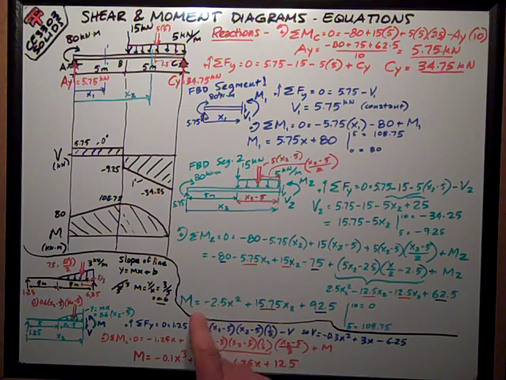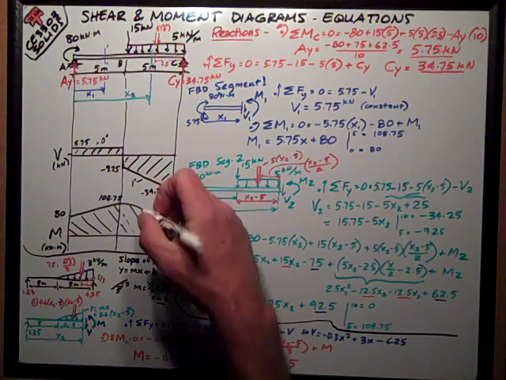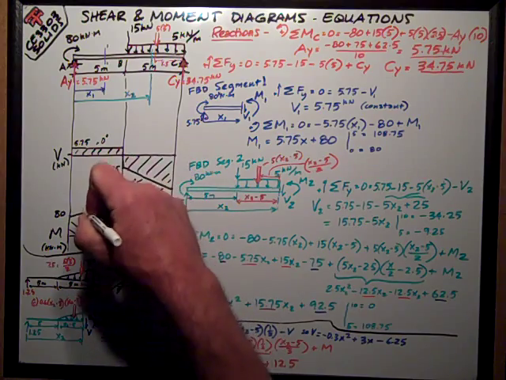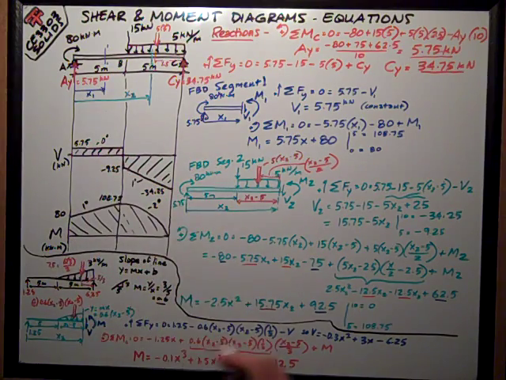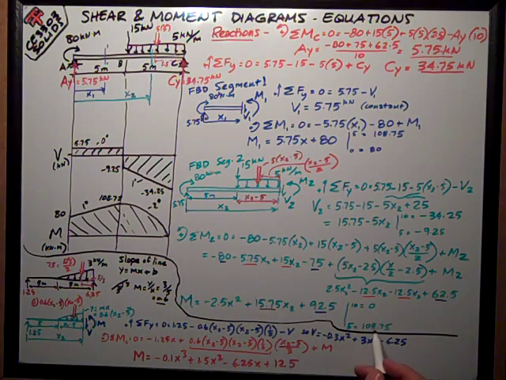Then I have to go to this equation, and it's an x squared equation. It's a second order term, and I've forgotten to write that on here. You need to write it on your moment diagrams. That's a 2-degree curve, and that's a 1-degree curve. Okay, so I'm starting off at 108.75.